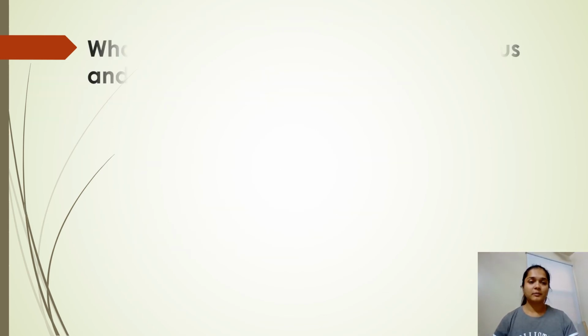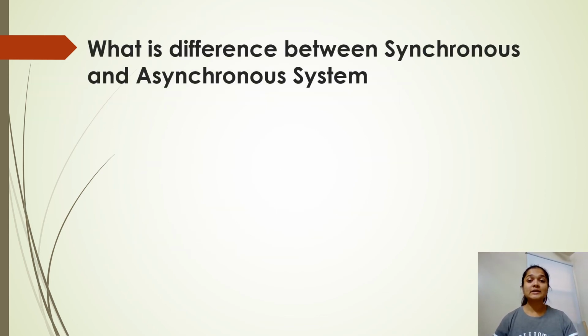So now further, what is the difference between synchronous and asynchronous systems? In a synchronous system, transmission is faster than in an asynchronous system because an asynchronous system has extra bits and gaps.